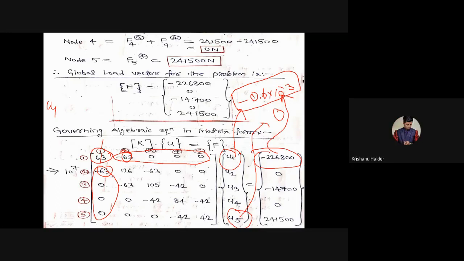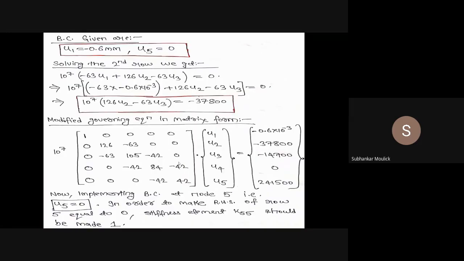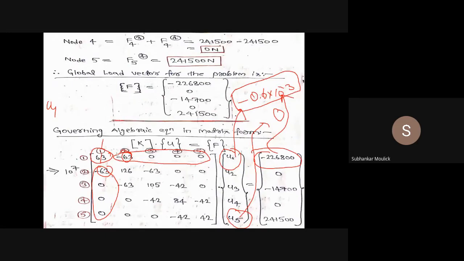Yes, sir. Fine. So for that, what I will do, just make that value 1. That means in my first row, this first element I make 1, remaining elements I make 0. Similarly, in the first column, except the first element, remaining elements I make 0.